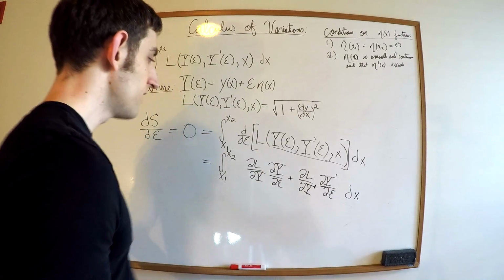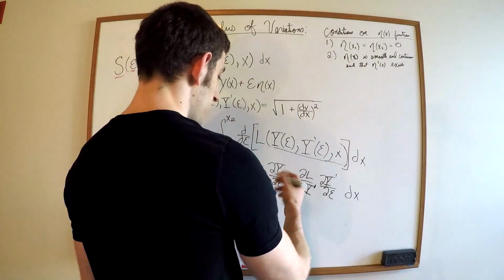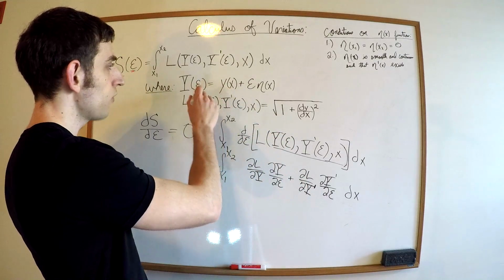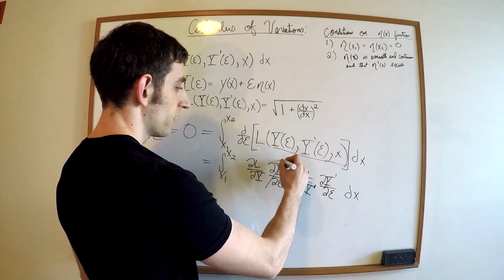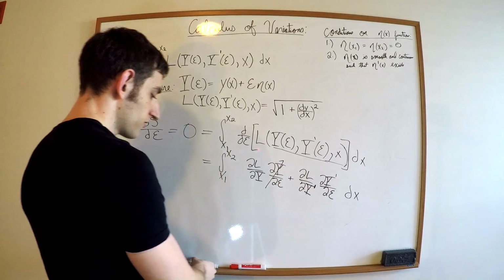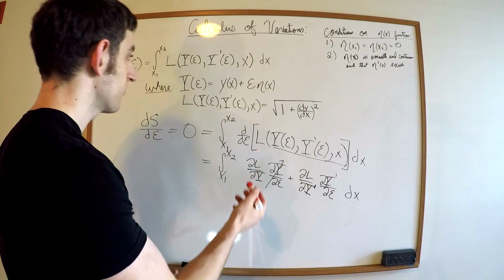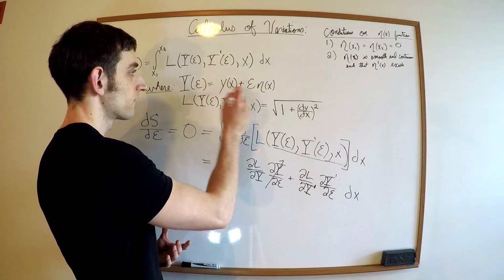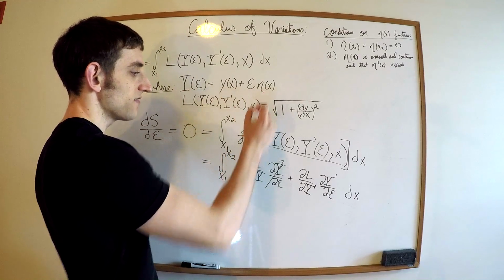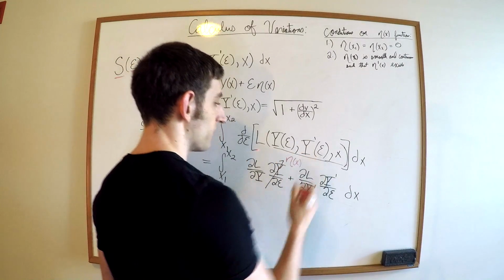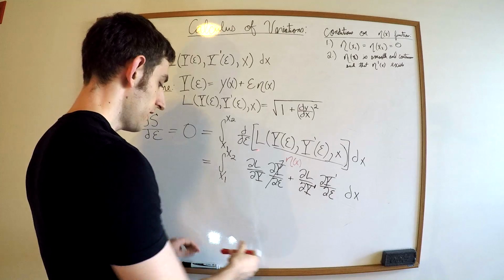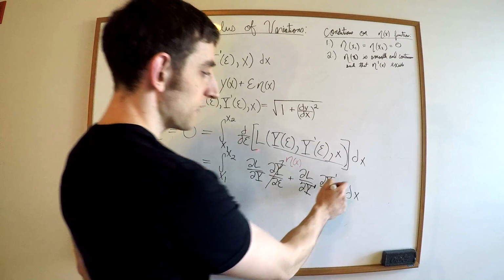So what can we do now? What we can do is we can go through our definition here, and we can take this derivative, right? This guy is going to end up being, well, if we differentiate with respect to epsilon, that's a constant, so we get this eta sub x. So this guy here is going to be eta sub x. And we could do the same thing with this.